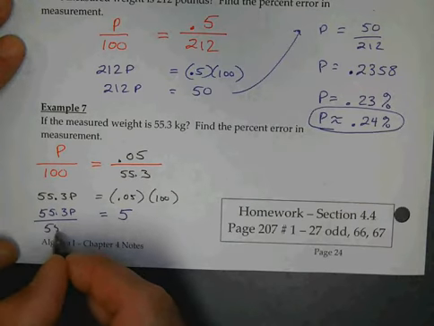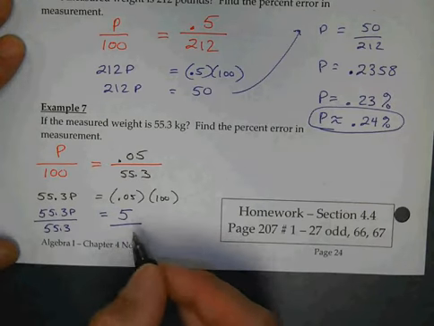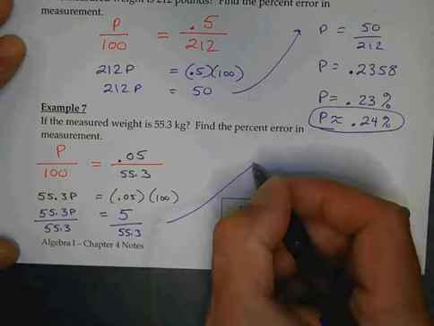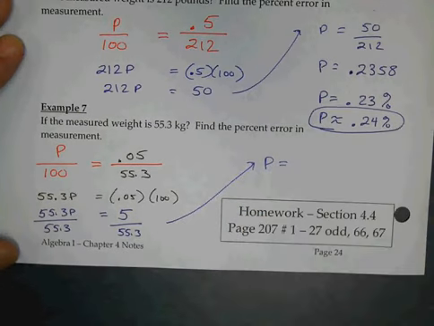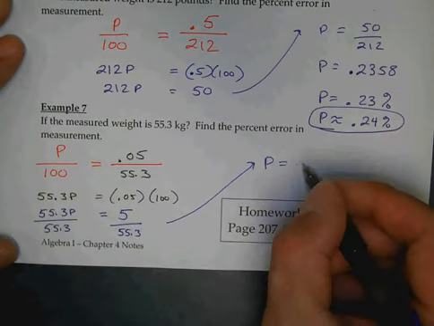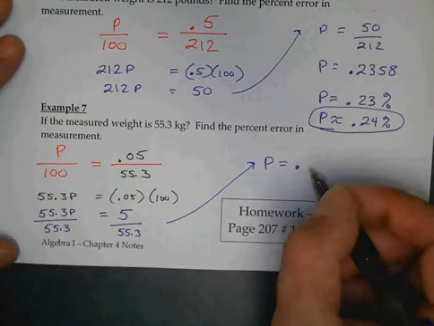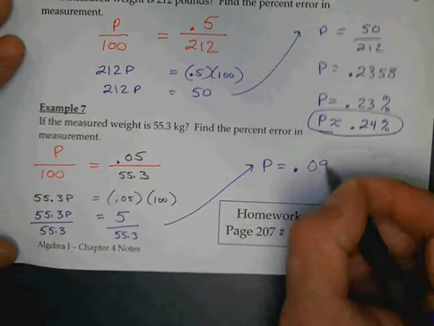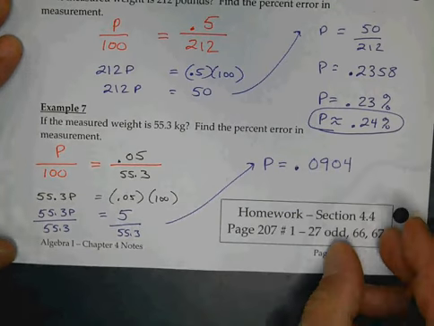Divide both sides by 55.3. What do you get P to be? What's your percentage? 0.0904.